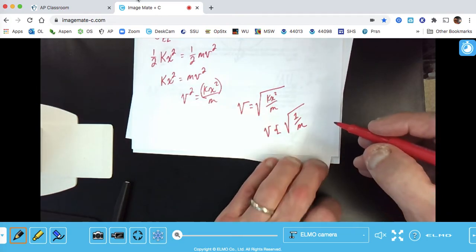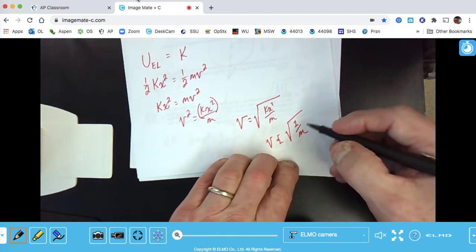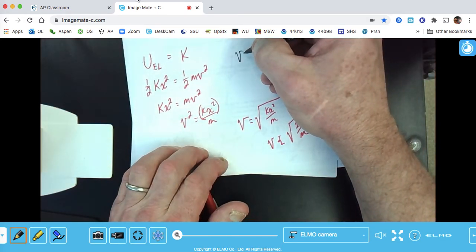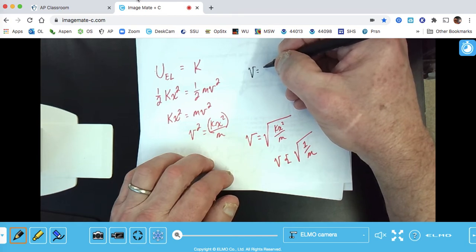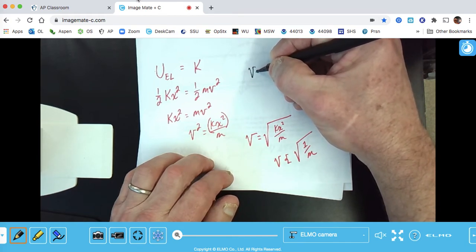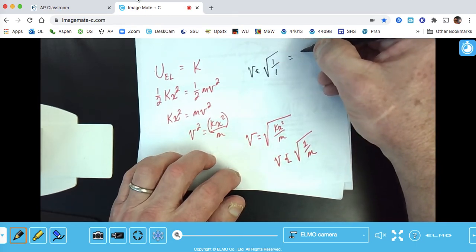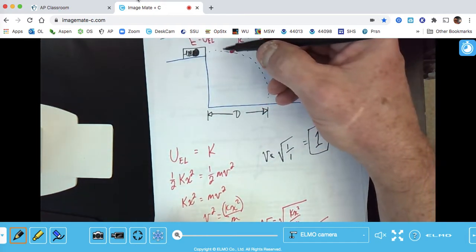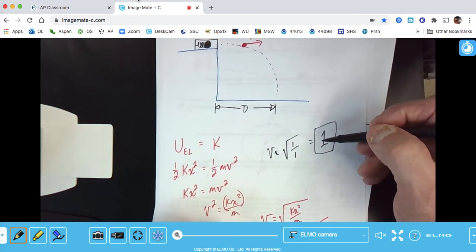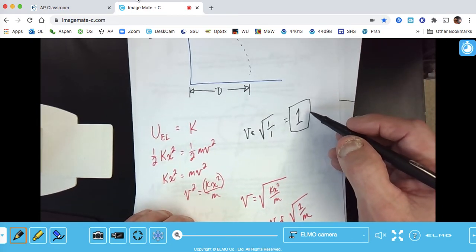Let's say with the first launch the mass was 1, so the v would be proportional to root of 1 over 1. So let's just call it 1 unit of velocity for the first launch that got it to go distance d, right? So some velocity of a unit of 1. It's not actually meters per second. That's just like some reference point.